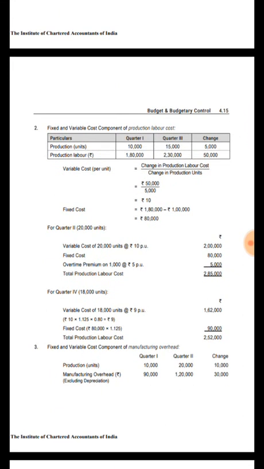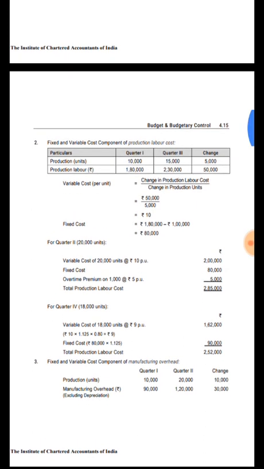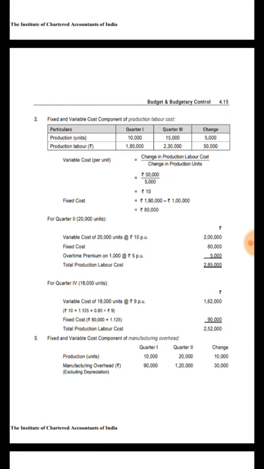So to find the variable portion, it is the change in overhead divided by the change in number of units. So 50,000 divided by 5,000, you will get 10 rupees. Now apply it on quarter number 1: 10,000 units into 10 rupees is 1 lakh, and 1 lakh minus 1 lakh 80,000 gives the difference, which is the fixed cost, 80,000.